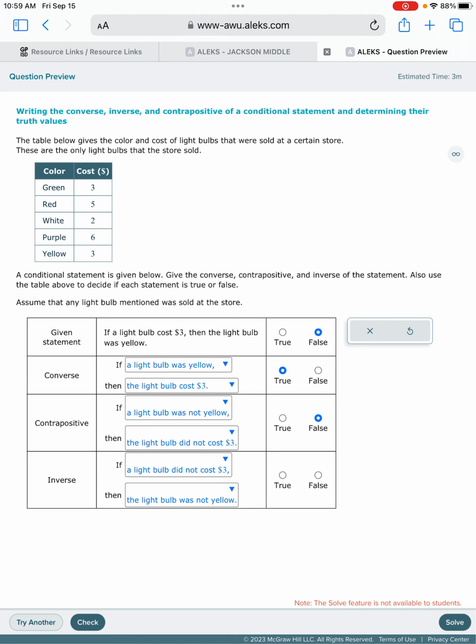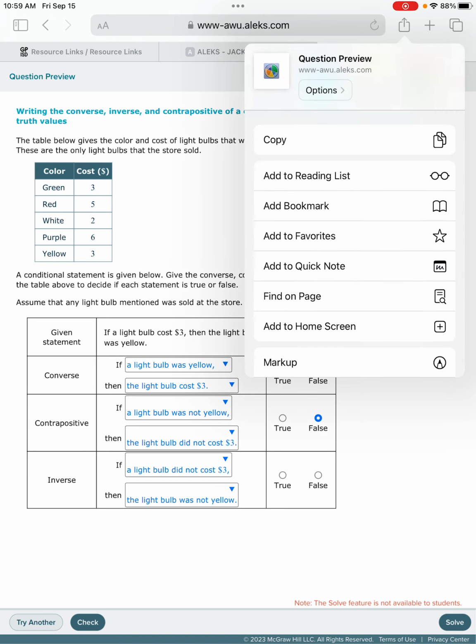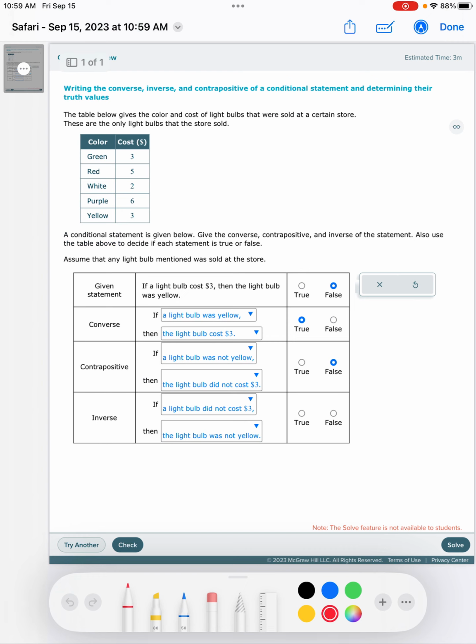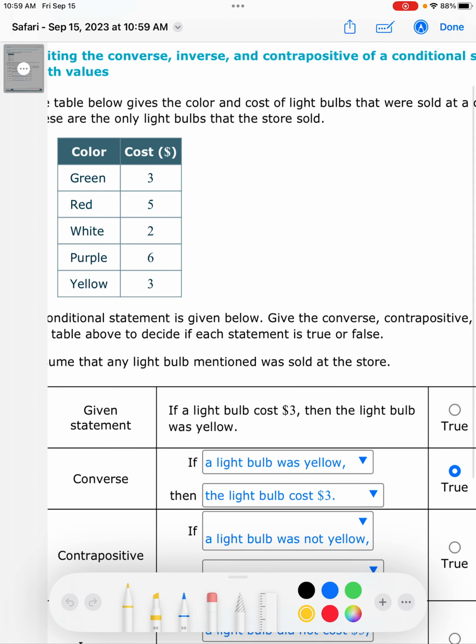Okay. Now let's go see. What is the truth value of this? Is it going to be true or false? Well, the if says if a light bulb did not cost $3. So I'm going to first go through and see, well, when does that happen? So not $3 would be 5, 2, and 6. Okay? Those are my 3 light bulbs.